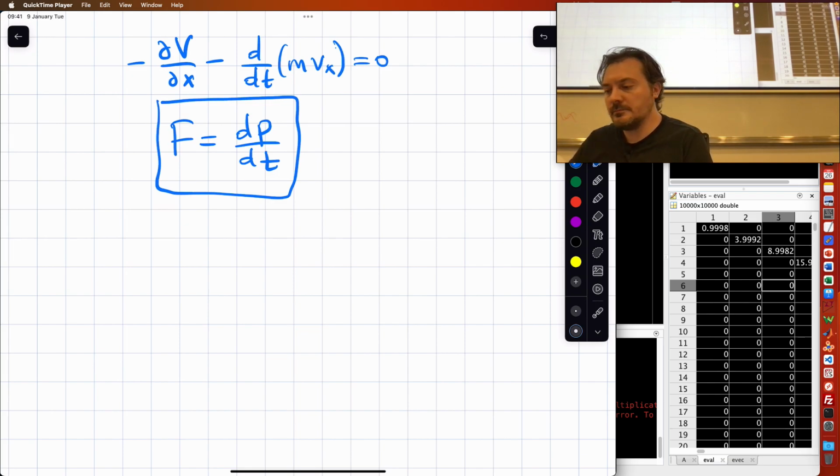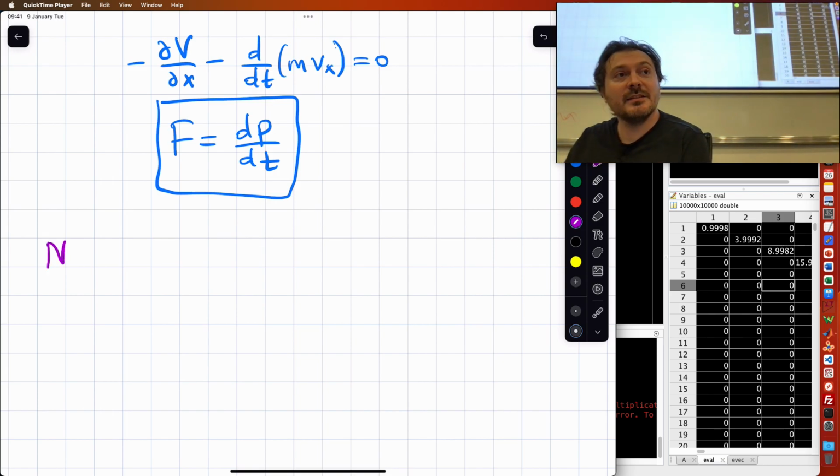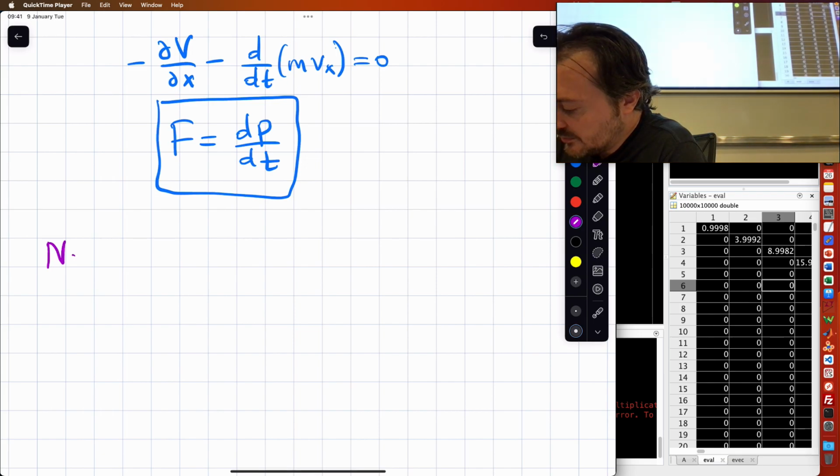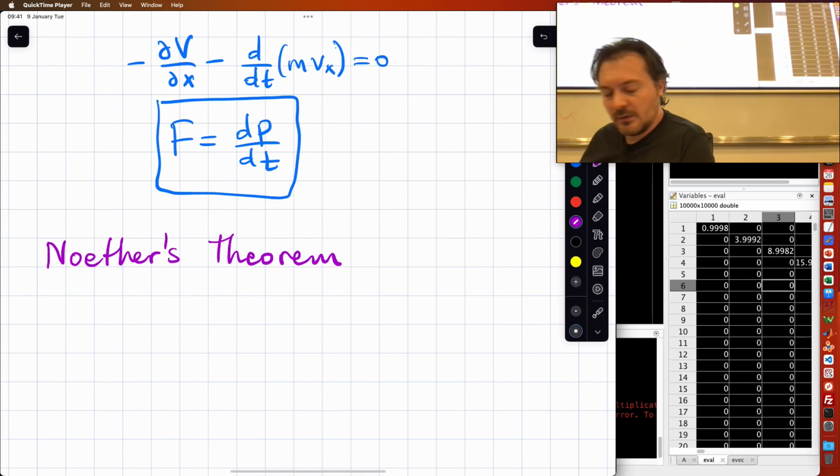Very good. But you are taking the derivative with respect to all possible paths, so there is some mathematics involved there. But it's nothing that you can't do.